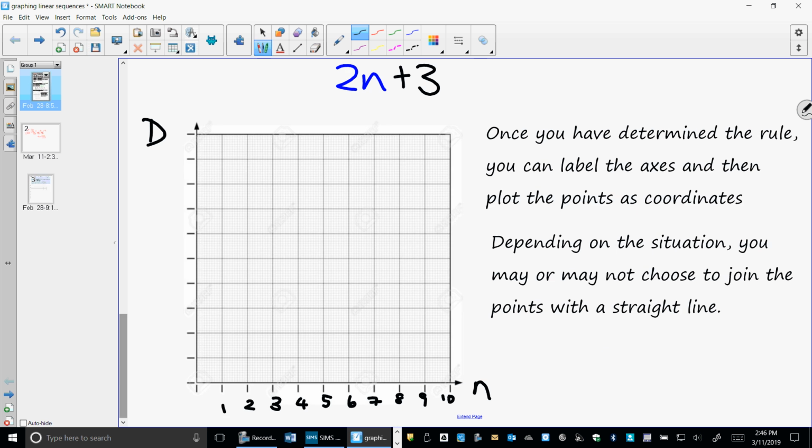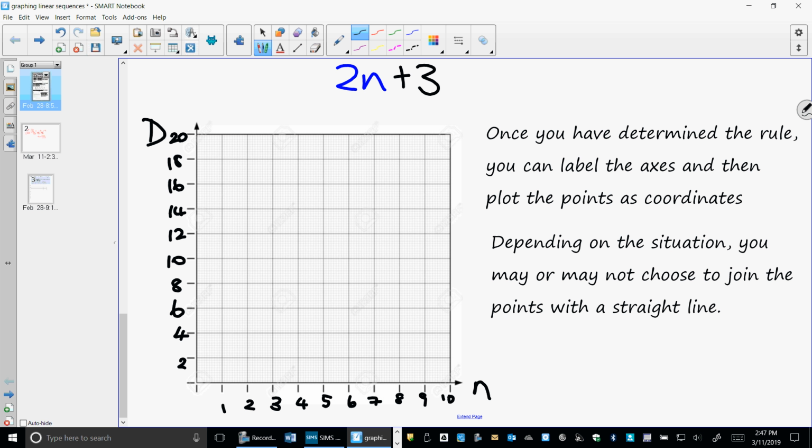So we've got to choose a sensible scale. You're not always going to be given the scale, so you have to decide what you want to put on there. So I'm going to have 2, 4, 6, 8, 10, 12, 14, 16, 18, 20.